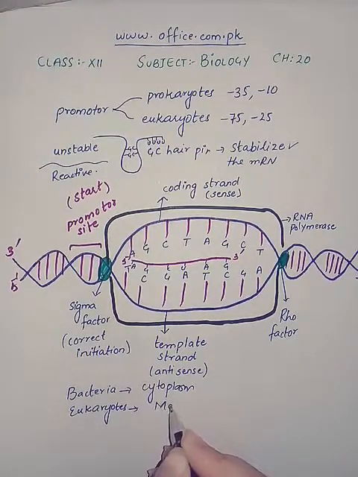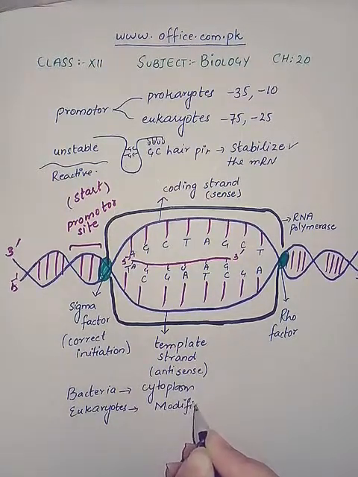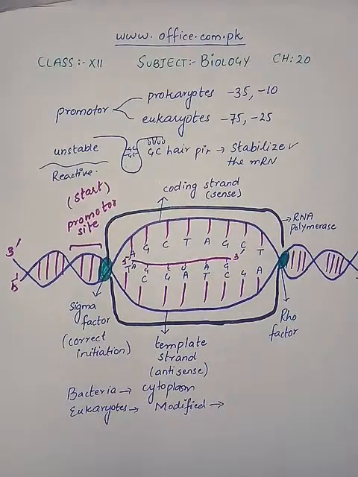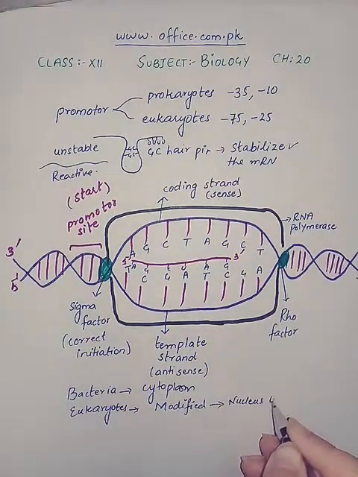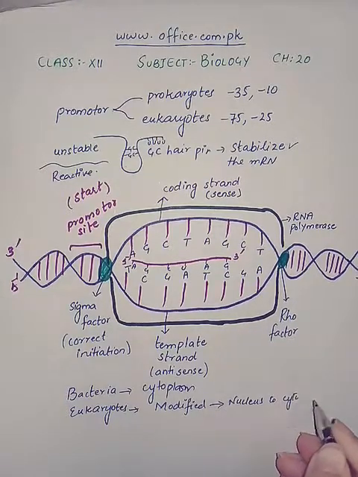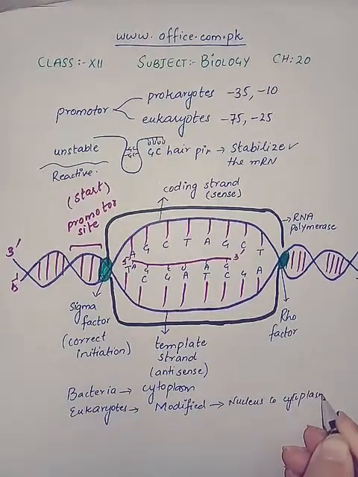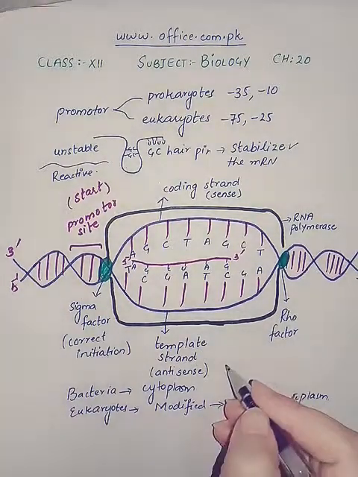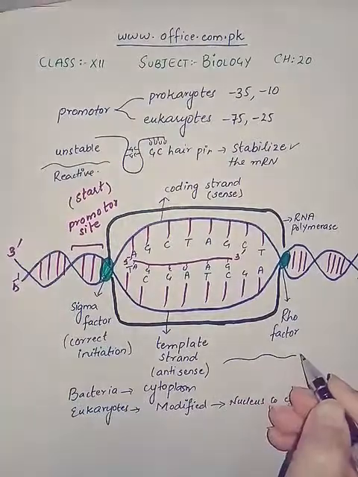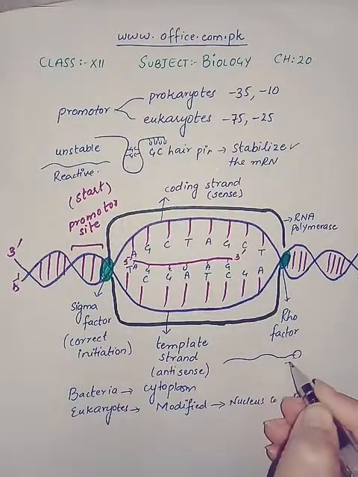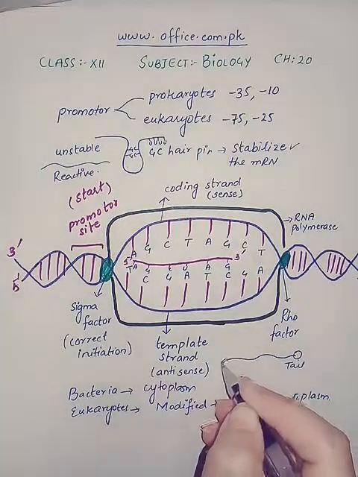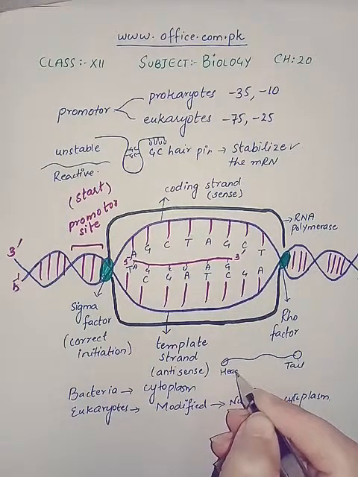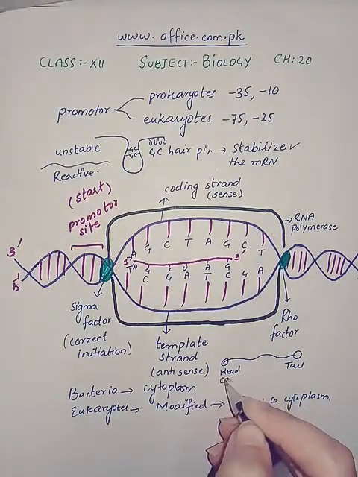It is first modified and protected so that it can safely complete its journey from nucleus to cytoplasm. For example, messenger RNA will be provided with a tail and a head region or the cap region.